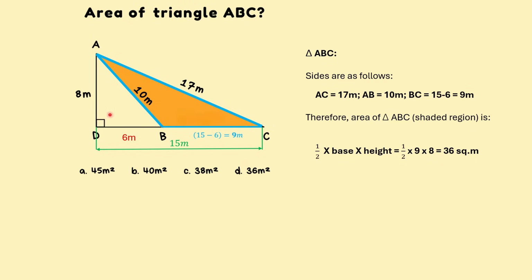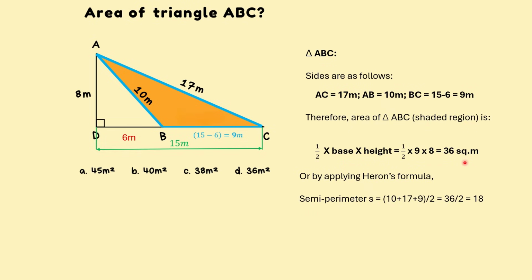It doesn't necessarily have to be inside the triangle, as long as the height is the distance between the base of the triangle, which is BC, and the opposite vertex of the triangle, which is A. So now we have base equal to 9 meters and height equal to 8, which is AD. Half times 9 times 8 works out to be 36 square meters.